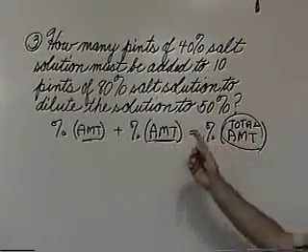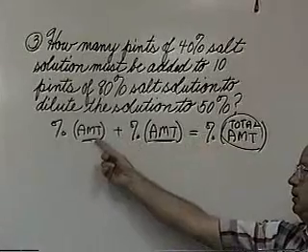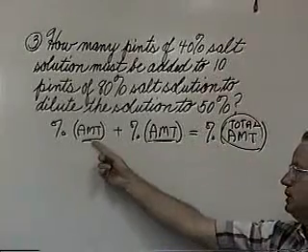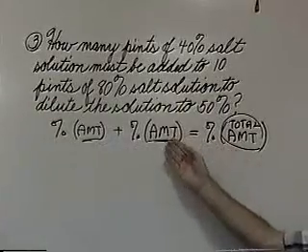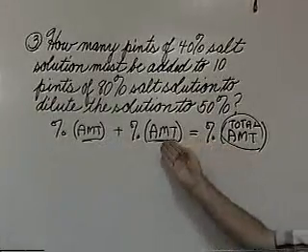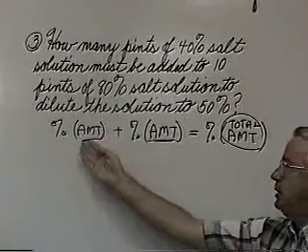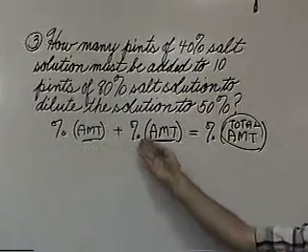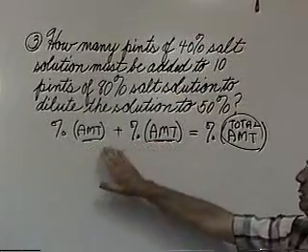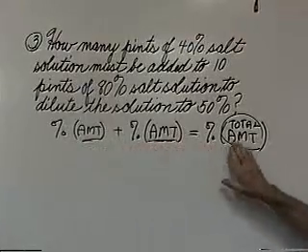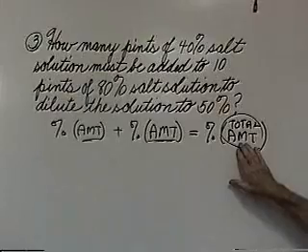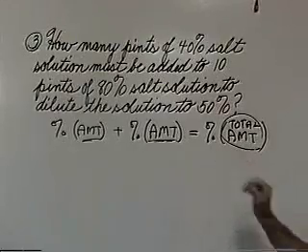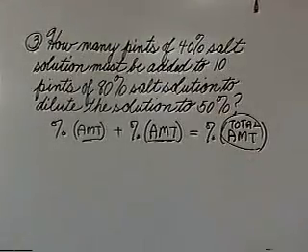Now, wait a minute. You already had 40 quarts in there. So over here, this is going to be 40 plus X. This is how much is one solution added to the other solution. These two amounts are supposed to add up to what this is over here. All right?